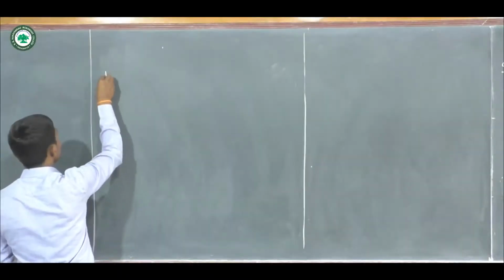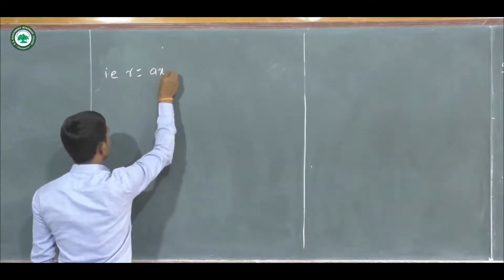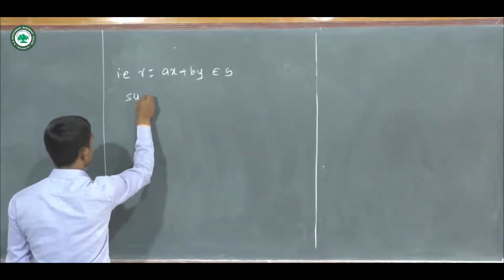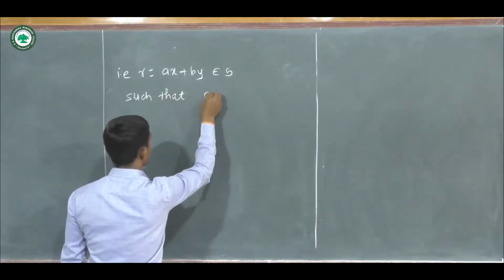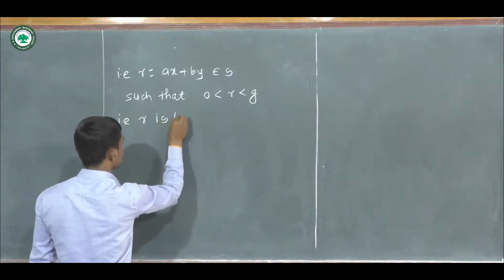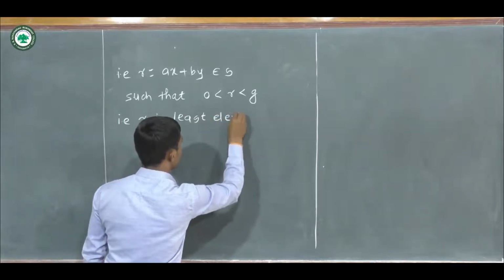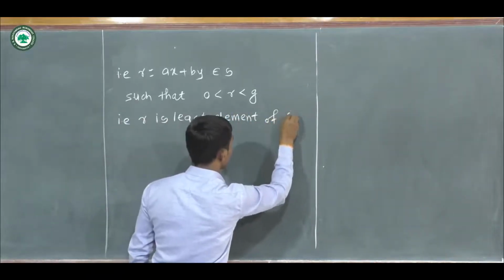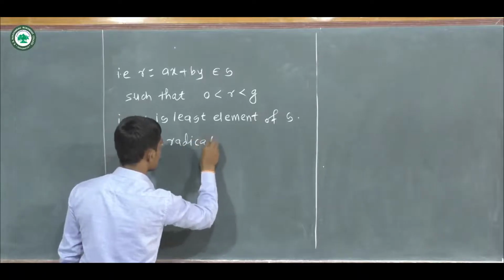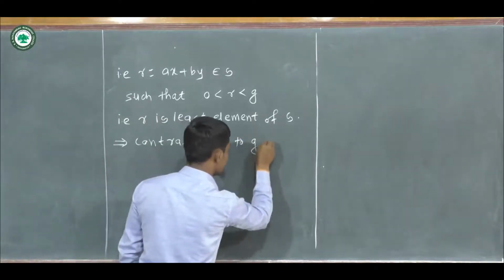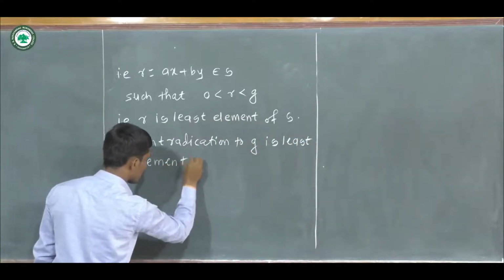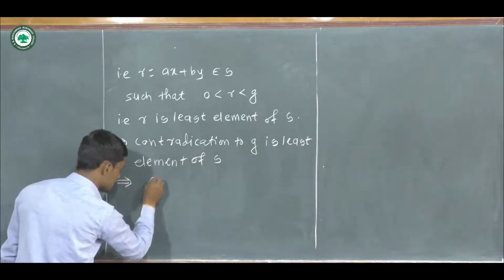That is r is equal to ax plus by belongs to S such that 0 is less than r is less than g, that is r is a least element of S. Now this implies a contradiction to g is the least element of S. So this implies g divides a.